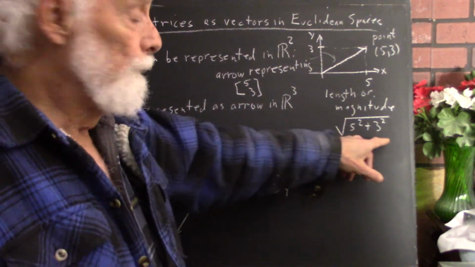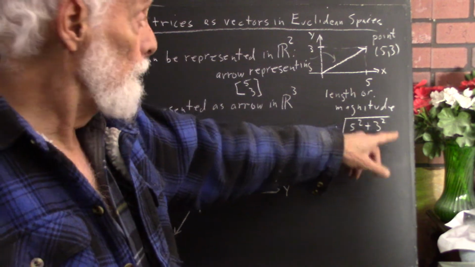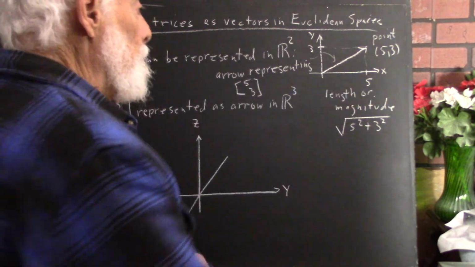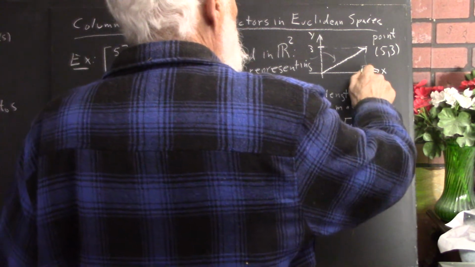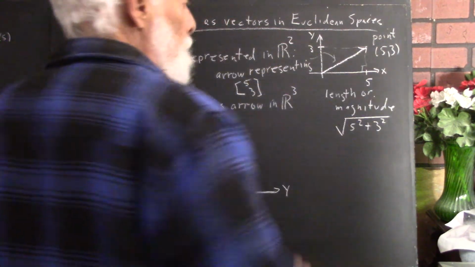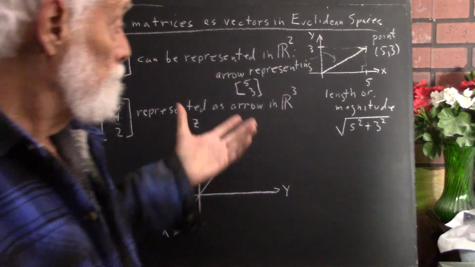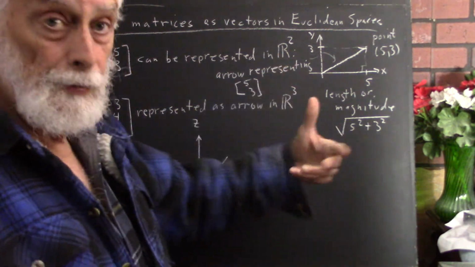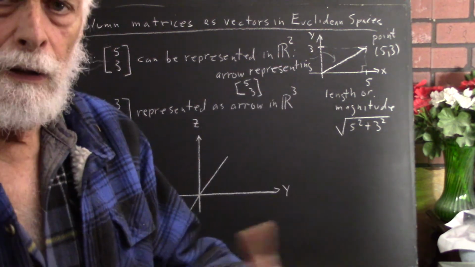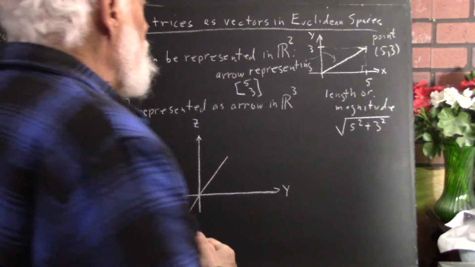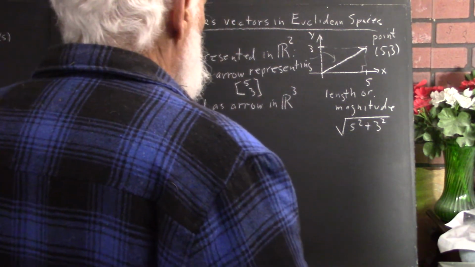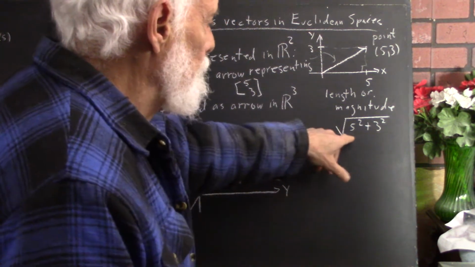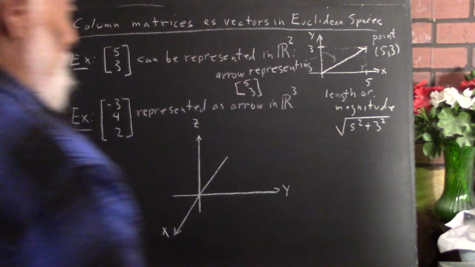Length or magnitude is the square root of 5 squared plus 3 squared, because you have this right triangle with legs 5 and 3. Now, if you're not really familiar with the Pythagorean Theorem to the extent that this is totally obvious to you, you want to get a little more familiar with it. Okay, so the length or magnitude of that vector is this sum.